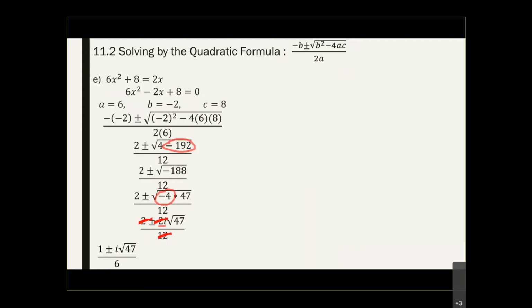Which is, again, it might be in this form on your final exam. Like I say, I will double check on that, or your answer will be 1 plus i square root of 47 all over 6, and 1 minus i square root of 47 over 6. So again, it's just split into 2.